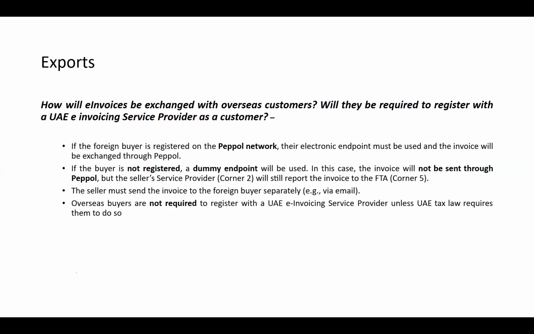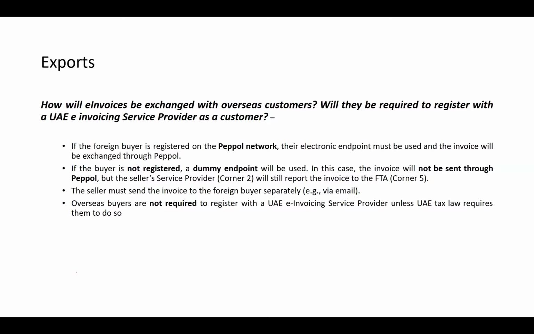And what if the buyer is not registered with the PayPal network? In that case, we have to use the dummy endpoint, and the invoice need not be shared via PayPal by the supplier, but the supplier can share this invoice electronically via email or something, as they are already doing separately.